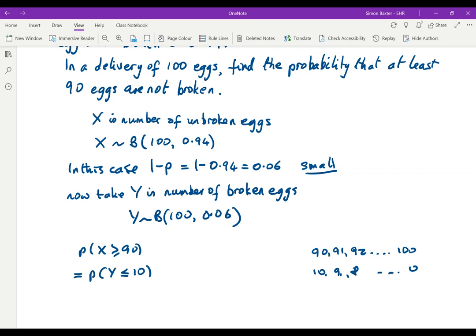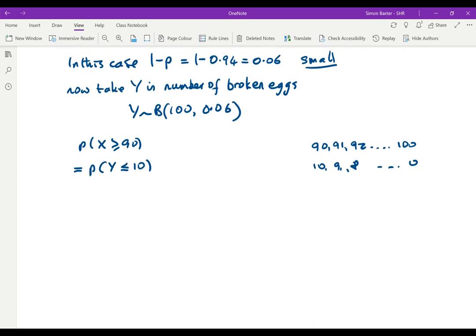Still too much to work out, so this time let's use an approximation. We know that y is binomial. The expected mean for y is n times the probability, which in this case is 100 times 0.06, and therefore that is 6.